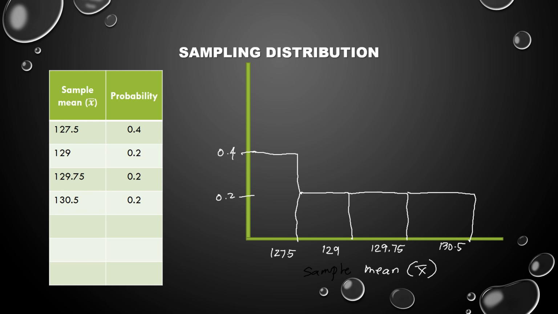So again, your statistic, which is the sample mean, may not have a value equal to your population mean. So try to take note of that one. So that is how we are going to construct our sampling distribution. Okay, again, so this is how you construct your sampling distribution.